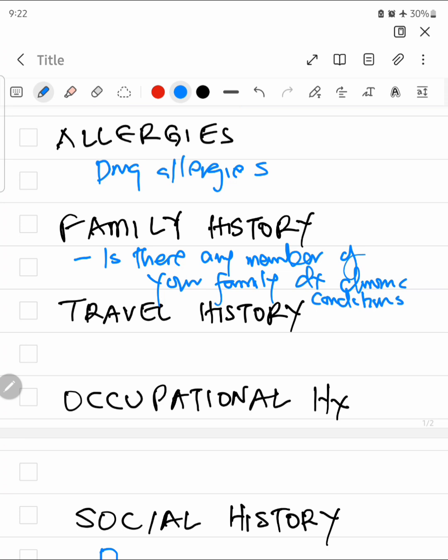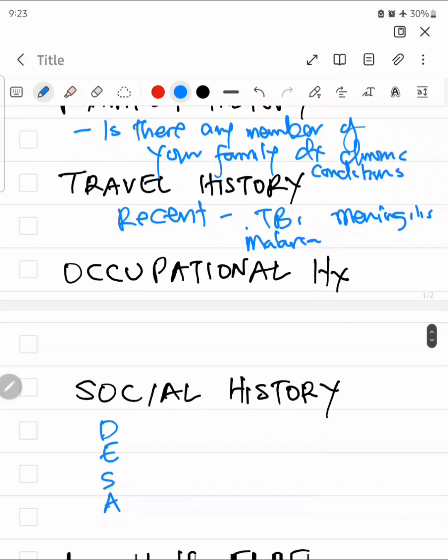Travel history, by any chance have you traveled recently? So recent travel is very important in conditions like TB, malaria, and meningitis. Those are the only conditions in Plab 2 where travel is very important. Occupational history, you ask, what do you do for a living?